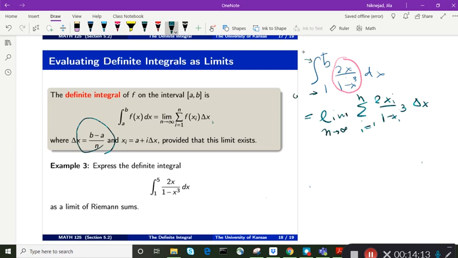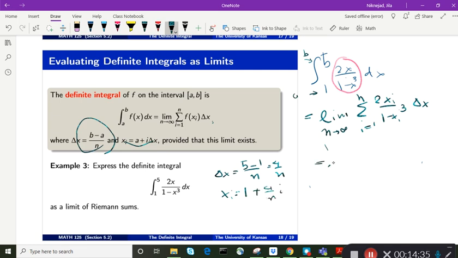This one is b. So delta x, let's write it on the side. Delta x is 5 minus 1 divided by n, which is 4 divided by n. What is xi? Xi is a, which we realized was 1, plus 4 divided by n times i.